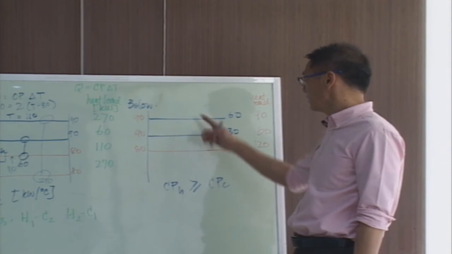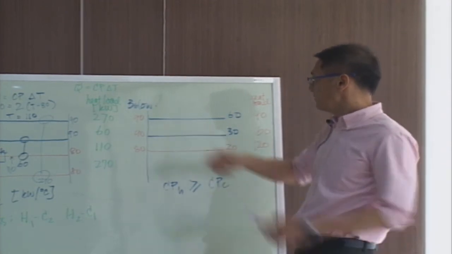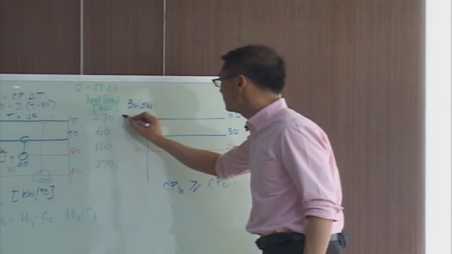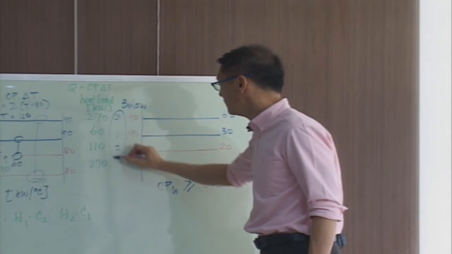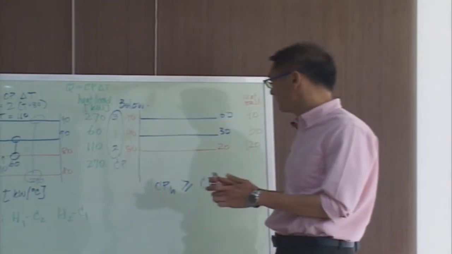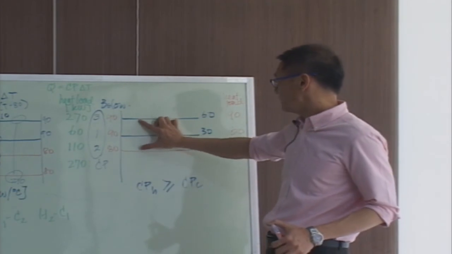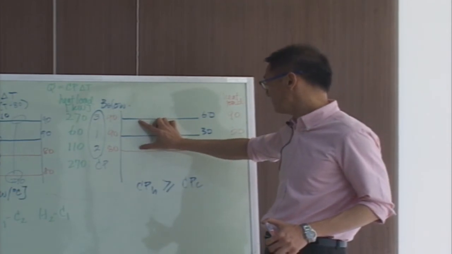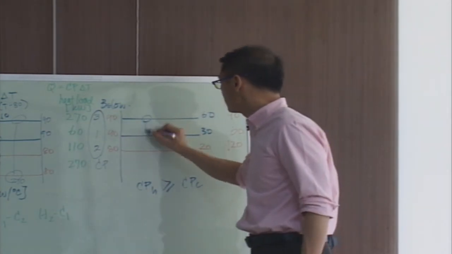So let's see which connection would be possible. This has 3, 1, 2 in terms of Cp. So it looks like we can have that, right? So let's do that.